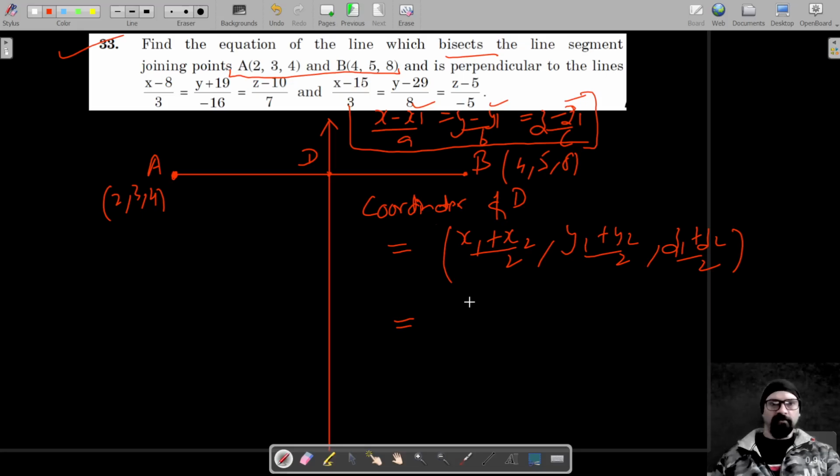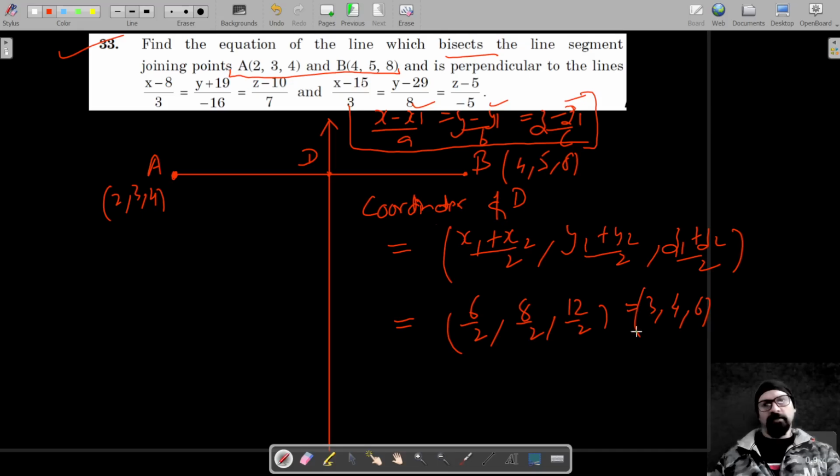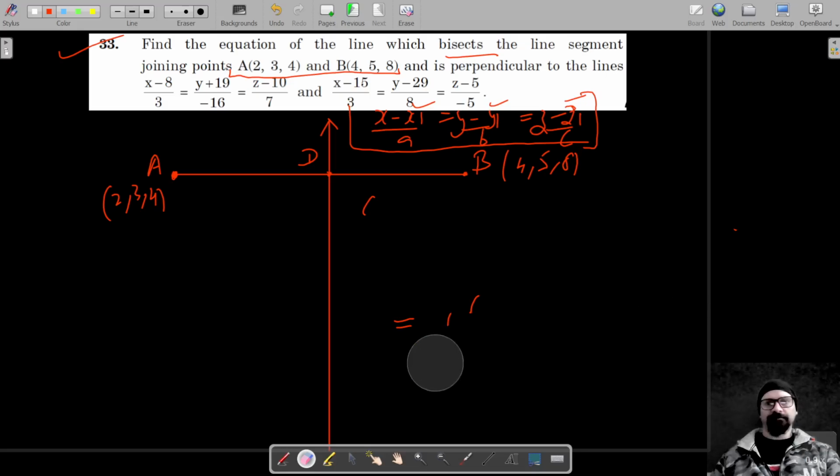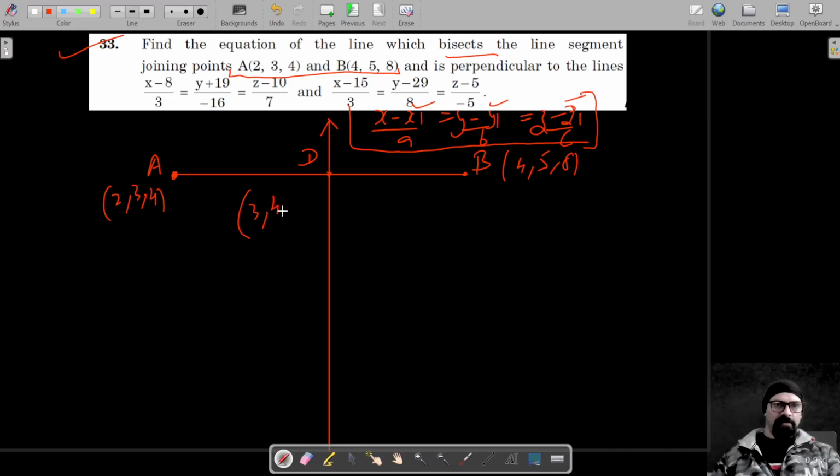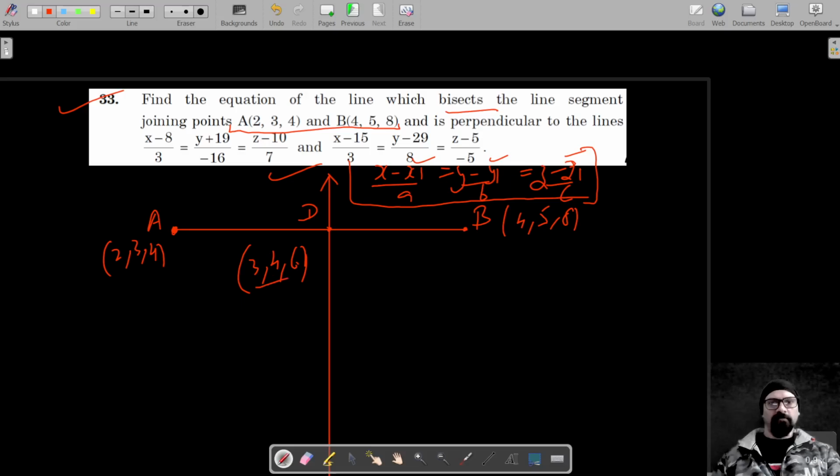Now x1 plus x2, 2 plus 4 is 6 divided by 2; y1 plus y2, 3 plus 5 is 8 divided by 2; and z1 plus z2, 8 plus 4 is 12 divided by 2, which gives me 3, 4, and 6. So the coordinates of D are 3, 4, and 6.